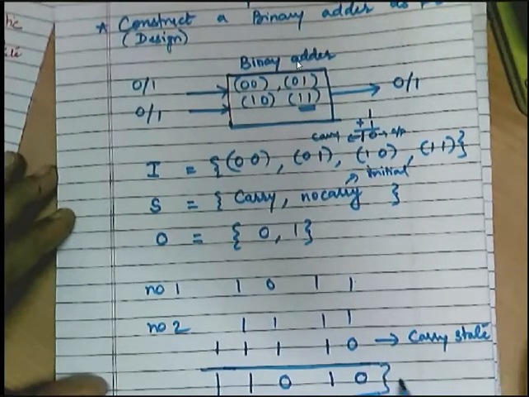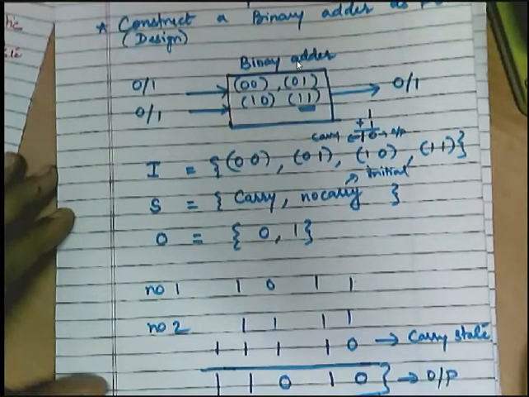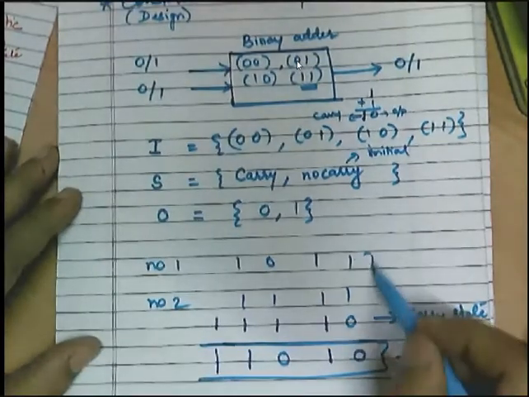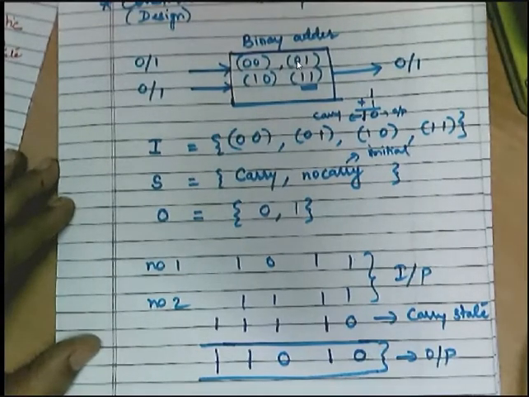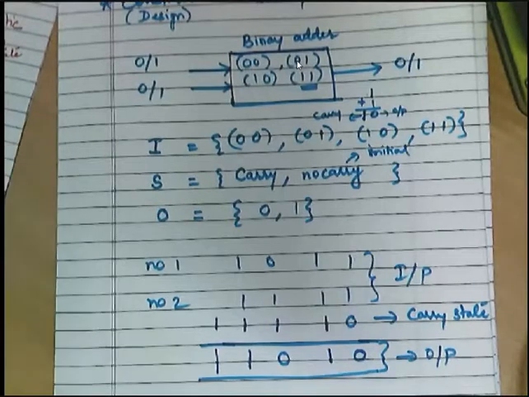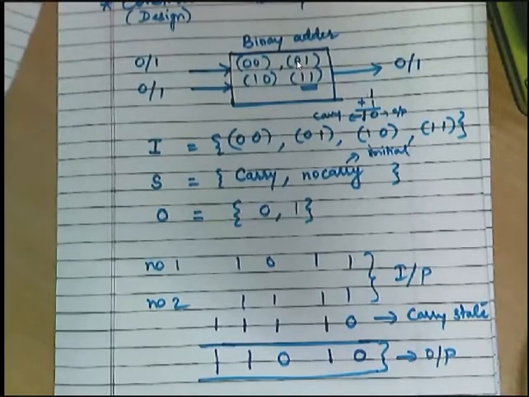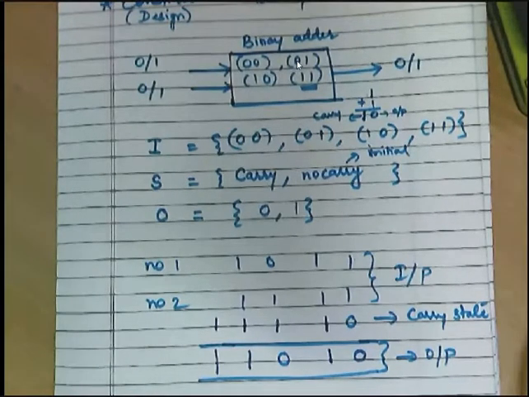This is my output for this input, and such output must be generated by this binary adder. So I will try to design a machine which will have this particular information.